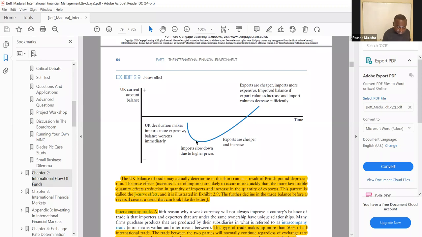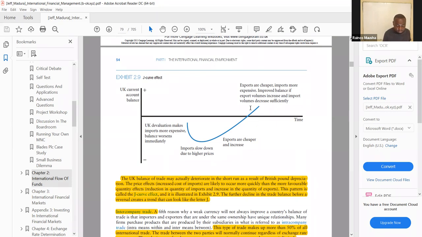Then over time, the imports slow down due to high prices. Then what do we expect to happen? The exports become cheaper and increase because our currency is devalued. So after the imports slow down due to high prices, we expect the exports to be cheaper, and there's going to be an increase in the current account balance.